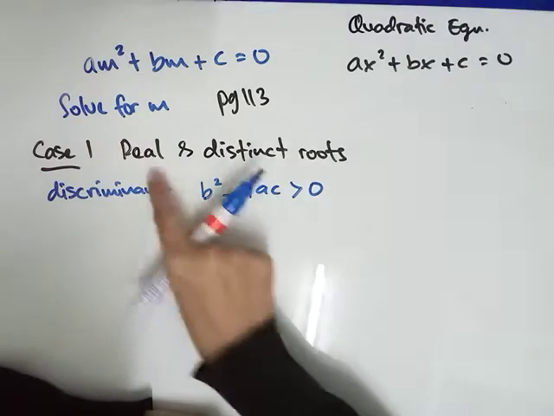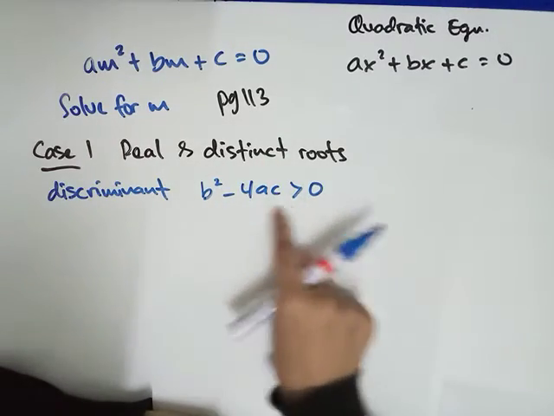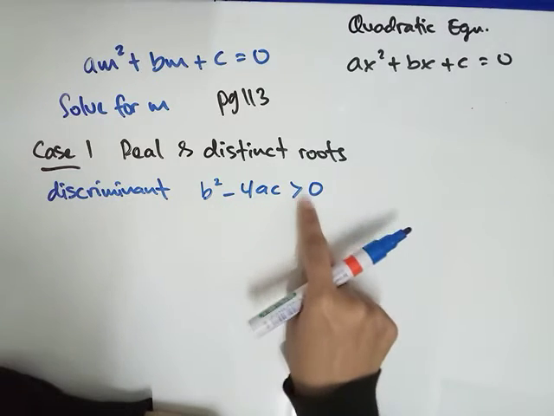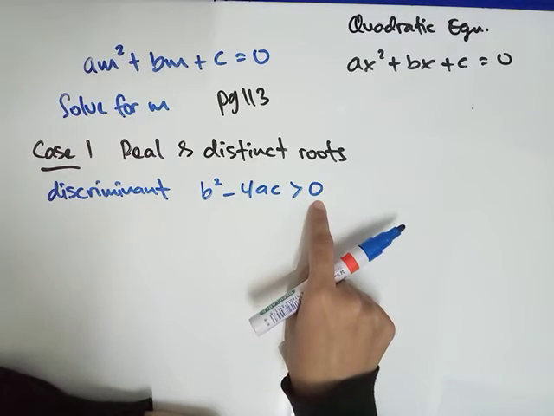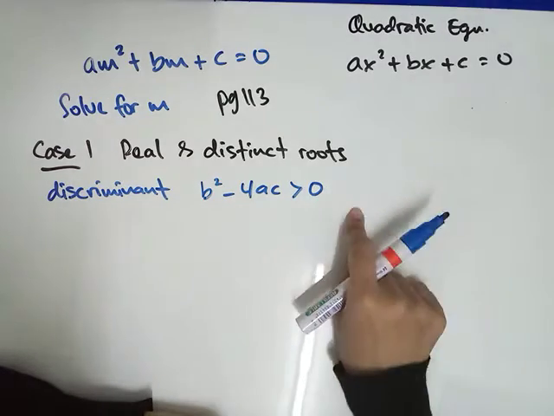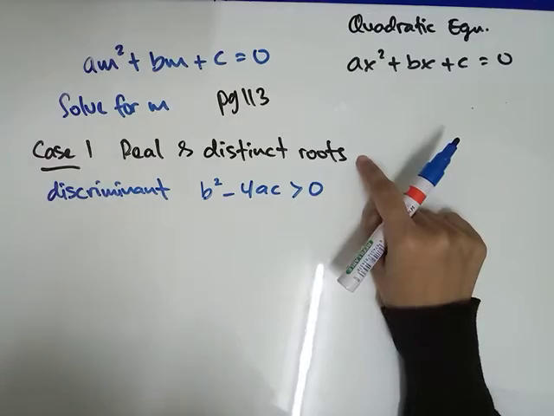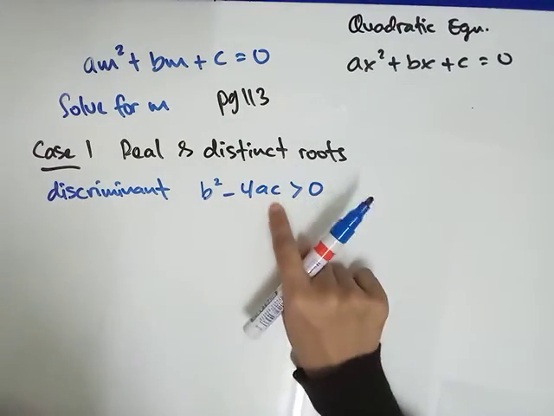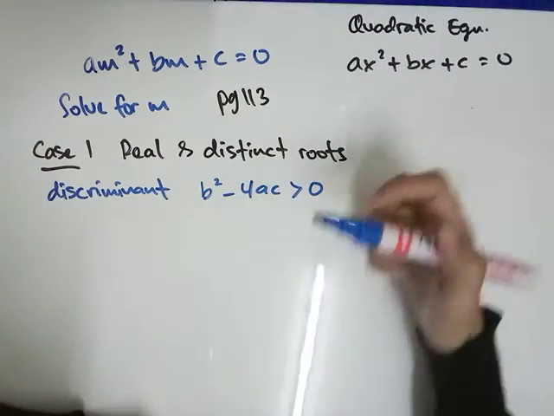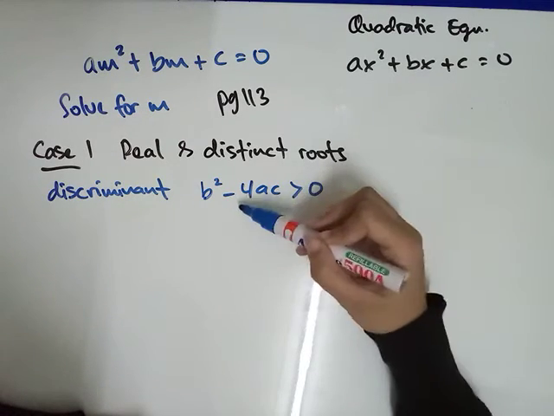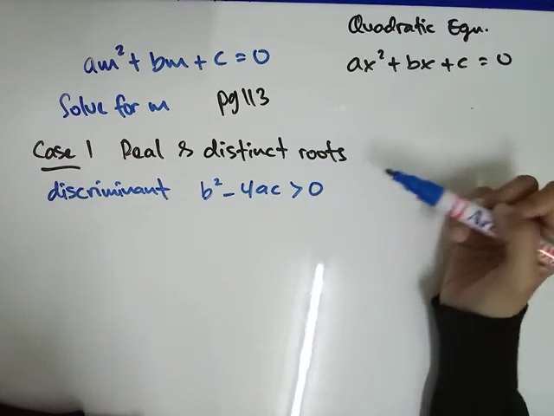Macam ni kita nak tahu real and distinct roots? By calculation, b square minus 4ac more than 0. Kalau awak dapat value more than 0, then we can call it real and distinct roots lah. Tapi cerita dia bukan kita nak solve using this one. Just identifications. Nak identify real and distinct roots, it is b square minus 4ac more than 0.